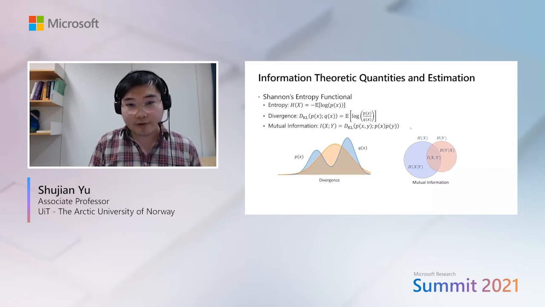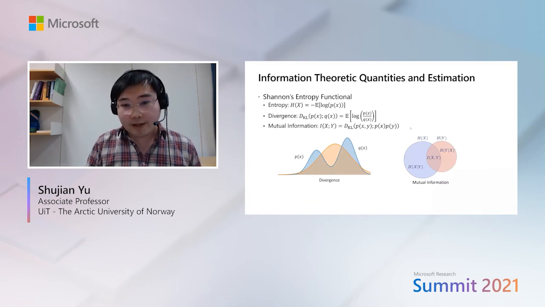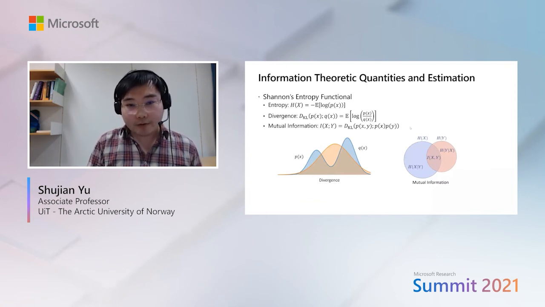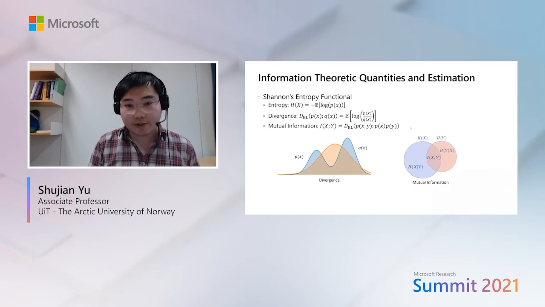However, in most cases, the distribution of data is unknown. Moreover, effective estimation of probability distributions in high-dimensional space is a very hard or even infeasible problem in either machine learning or statistics.